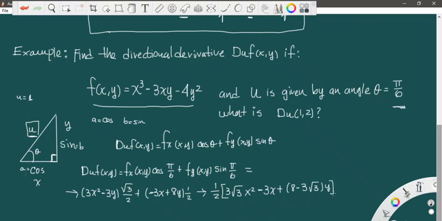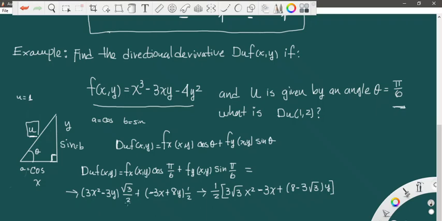Okay, and that's it. This is the general expression of the directional derivative for this function in the direction of the unit vector with an angle of pi over 6.